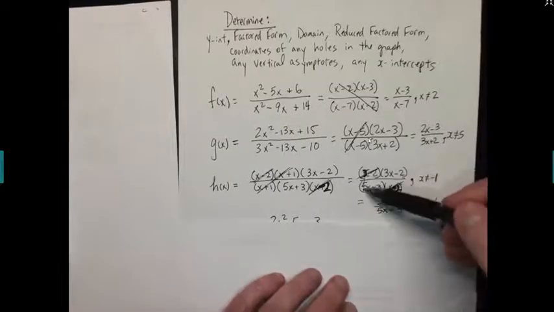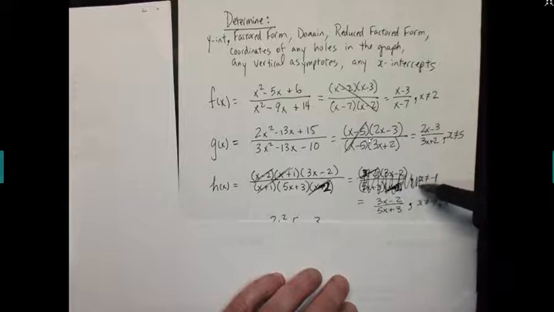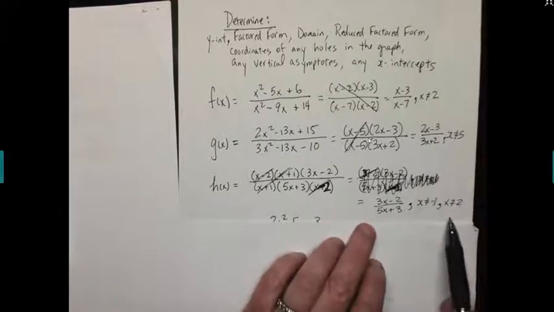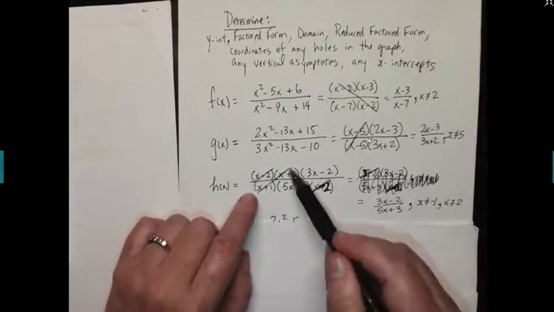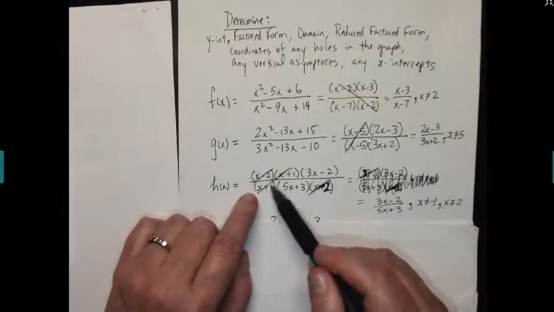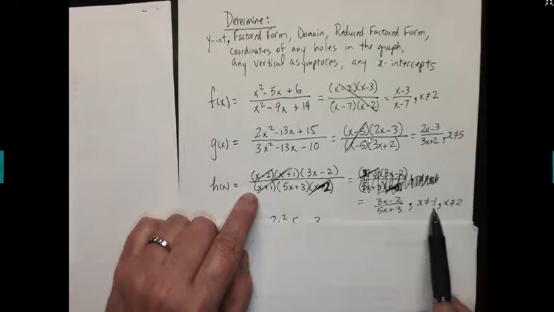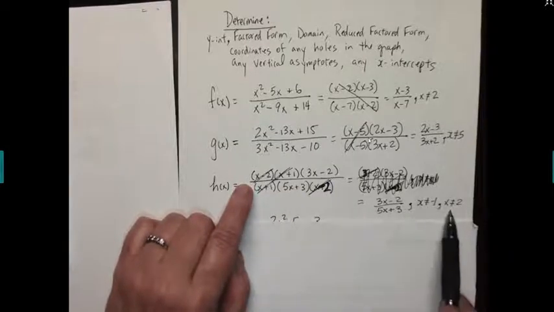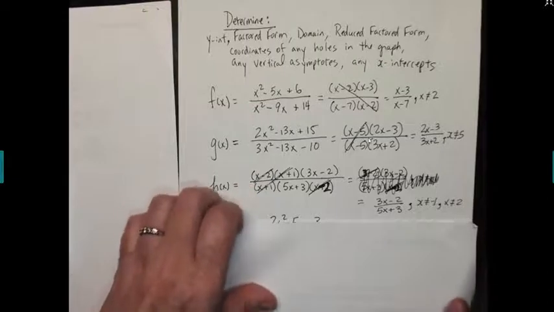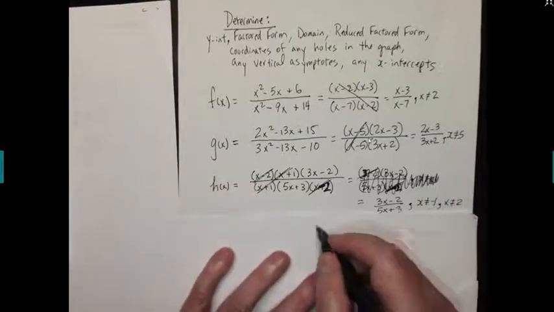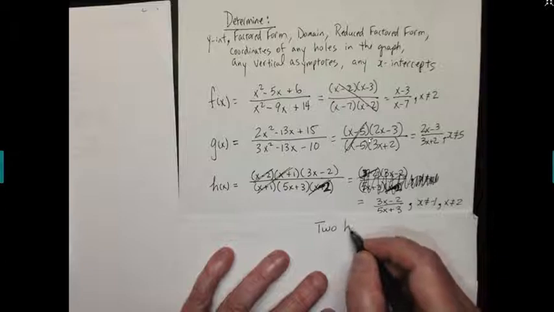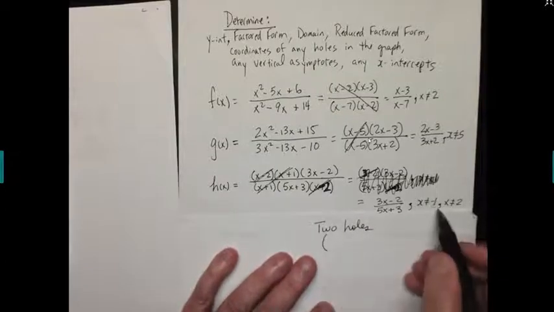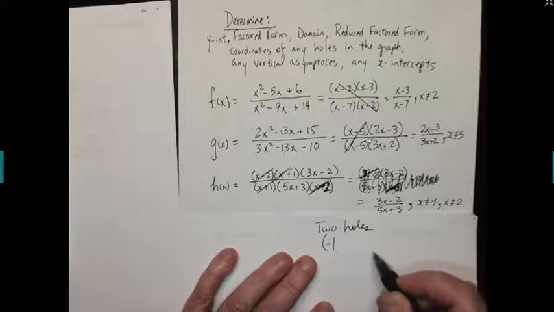And so my final reduced factored form is going to look like this. I made one cancellation here that I could do if x was not equal to -1. I made a second cancellation here that I could do as long as x was not equal to 2. So in this case, there will be 2 holes. What are their coordinates? The first one has x coordinate -1.